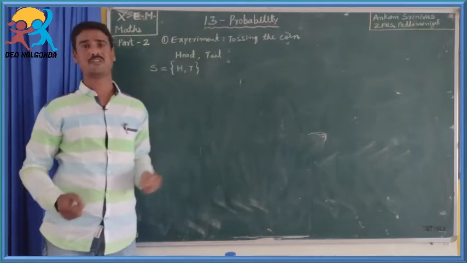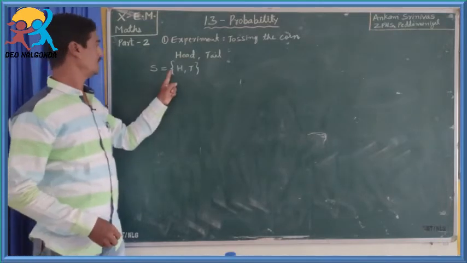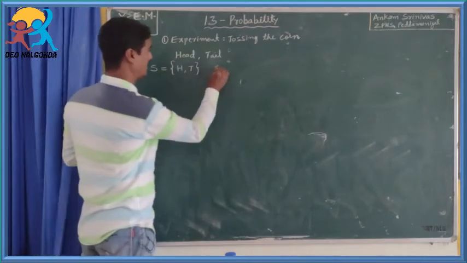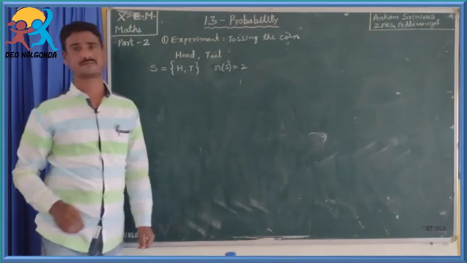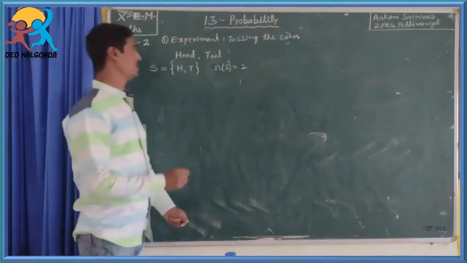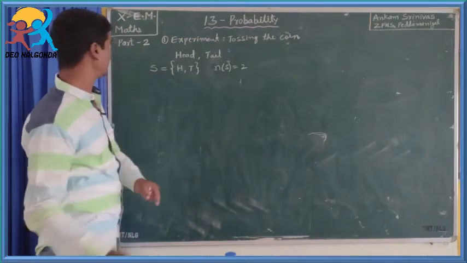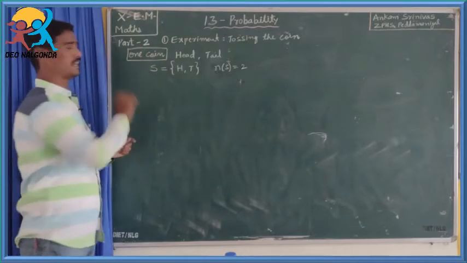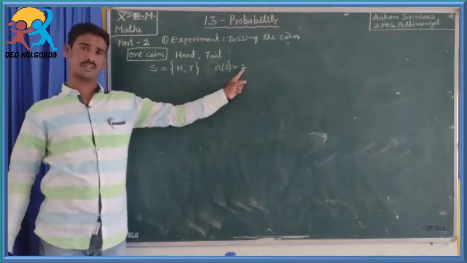So when we toss a coin, we get the total outcomes H comma T. The total number of outcomes, n of S, equals 2. When we toss one coin, we got two total outcomes.